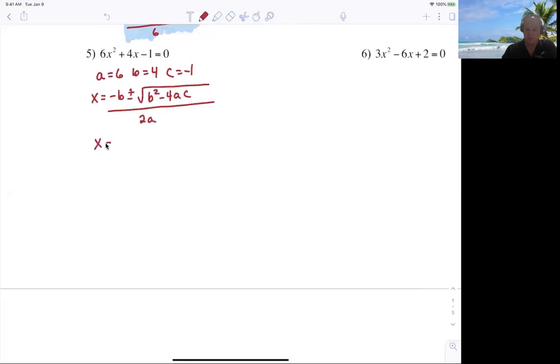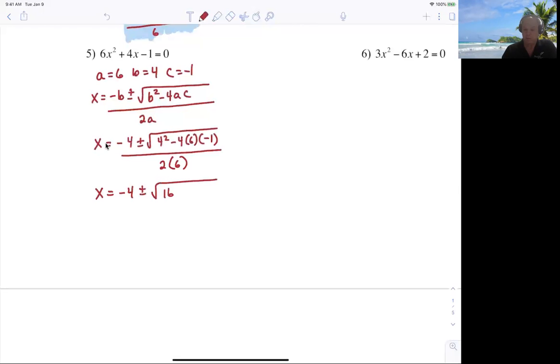So x equals negative 4 plus or minus the square root of b squared minus 4 times a times c, all over 2 times a. x equals negative 4 plus or minus the square root of 16 plus 24, all over 12.